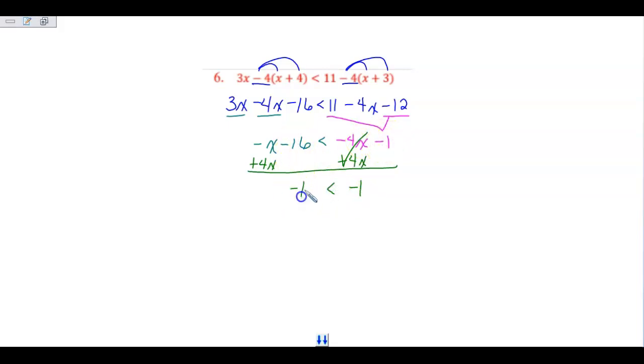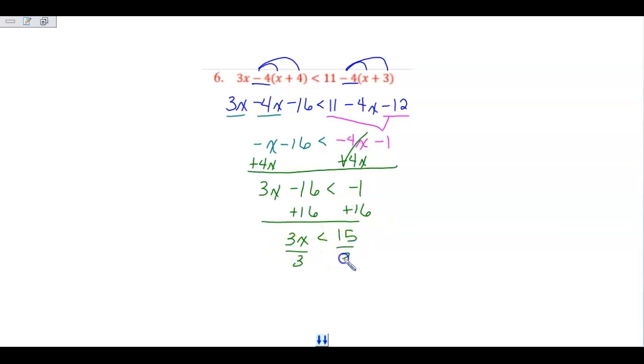And then bring down my negative 16. Negative 1 plus 4 is 3x. Now I need to move my 16. It's being subtracted, so I'm going to add it to both sides. I get 3x is less than 15.